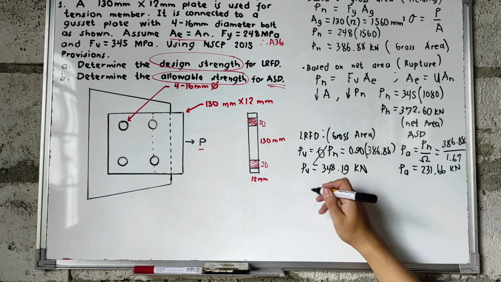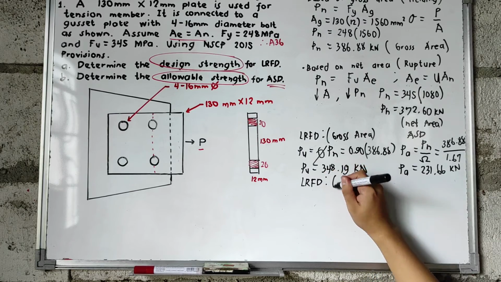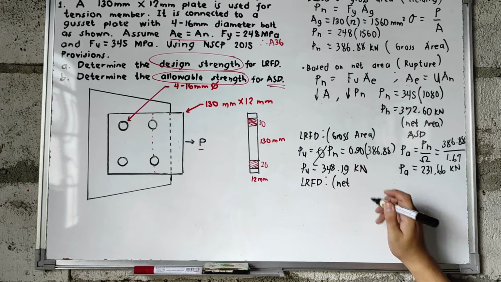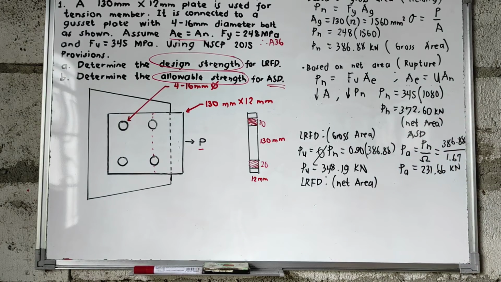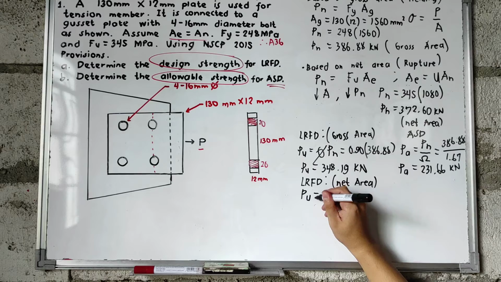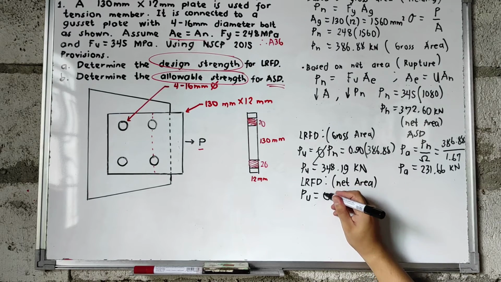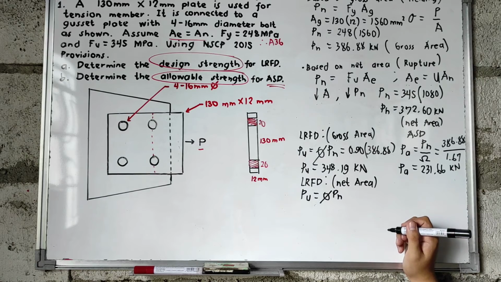Then next naman, ito yung mga design strength natin sa gross area and the allowable strength naman sa gross area. So susunod naman, we're going to solve for the value of your design strength naman considering the net area or yung rupture natin. So, same principle lang, para makuha natin yung design strength, which is yung P sub u natin, we are going to multiply a reduction factor dun sa nakuha nating nominal.